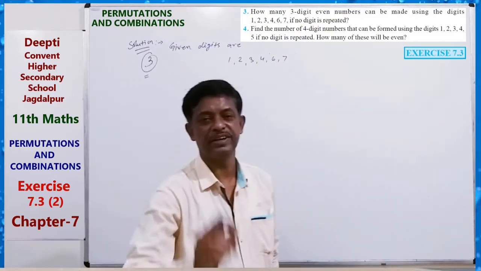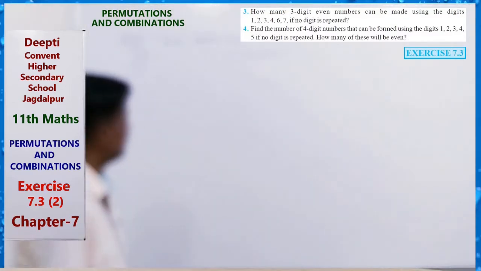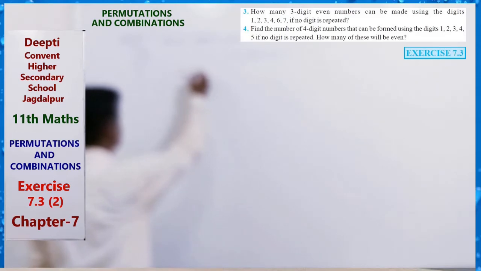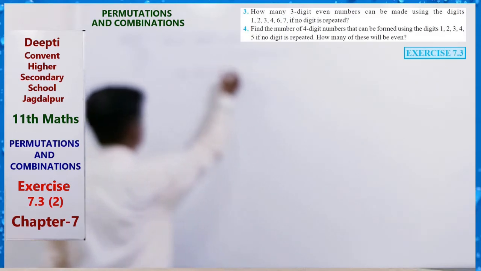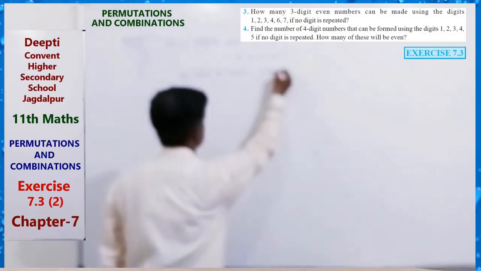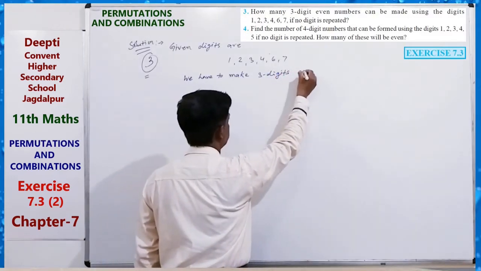No digit is repeated. And we have to make 3 digit even numbers.